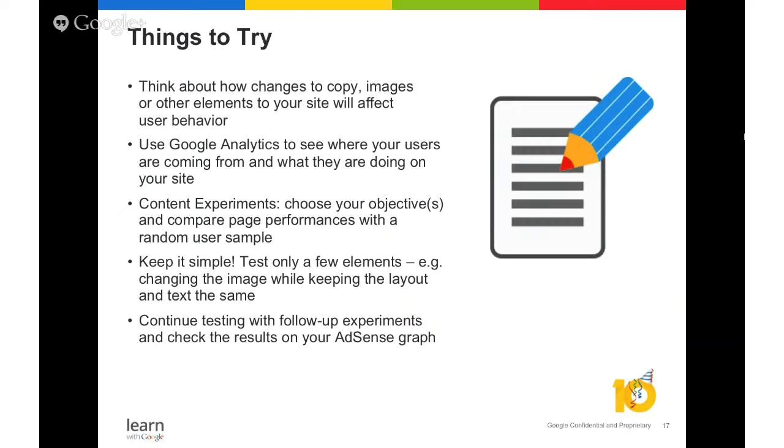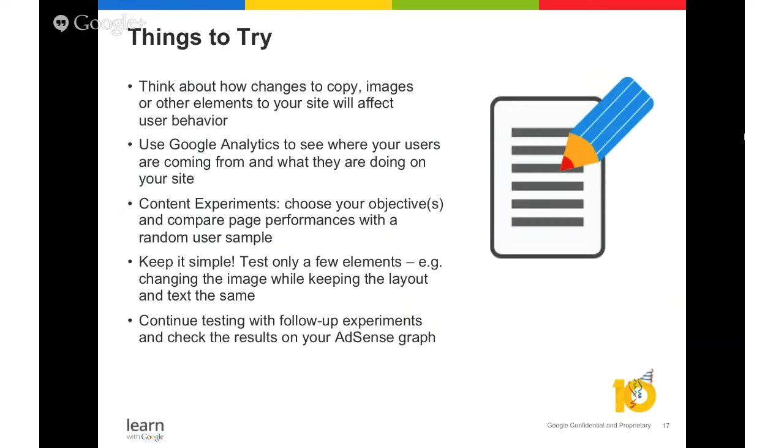So maybe there's too much on the page. Maybe it's too cluttered, and users are clicking on other unrelated things that are taking them to other sites instead of your related articles. And your goal is to get more users to stay. Maybe take away some elements, but just look at everything on your page as changeable, and change the things that you think will move the needle on your desired action.